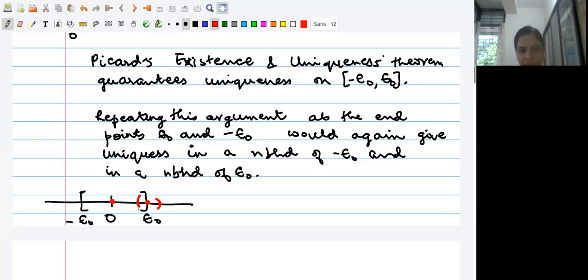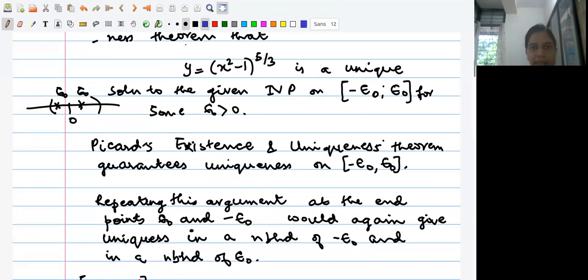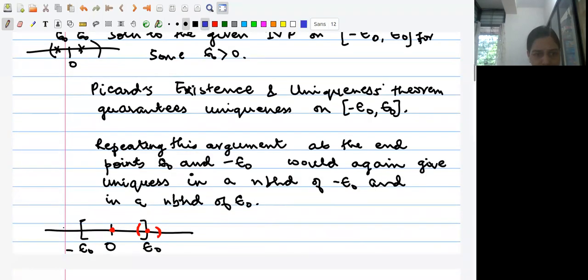I can do that because both the function f and the partial derivative of f with respect to the y variable will be continuous in this neighborhood. Is that okay? And likewise, you get uniqueness in a tiny neighborhood of the interval minus epsilon naught to epsilon naught.